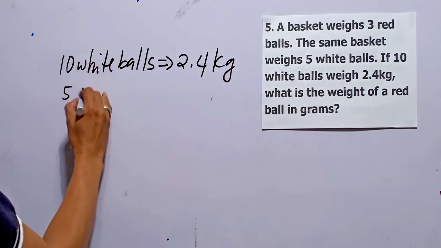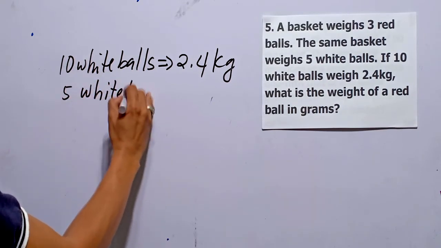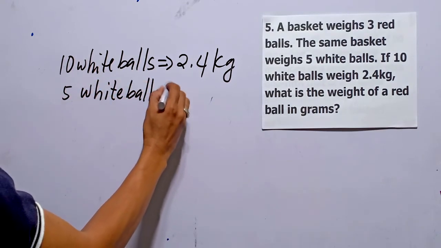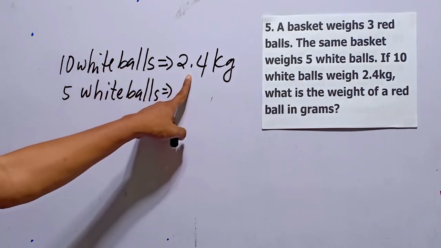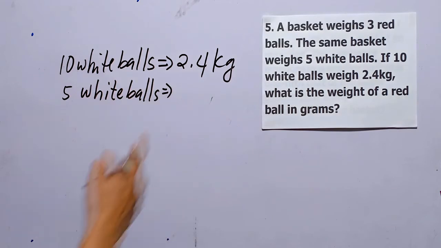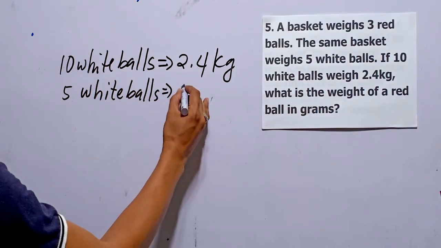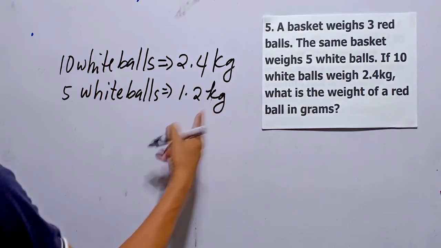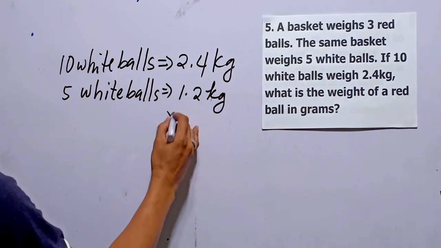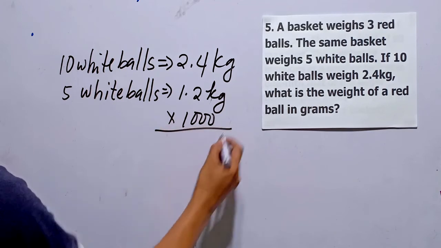What about for 5 white balls? If you notice, 5 is half of 10. So get half of this or divide this by 2. If you divide this by 2, that will give you 1.2 kilograms. Or if you change this to grams, multiply this by 1,000, right?